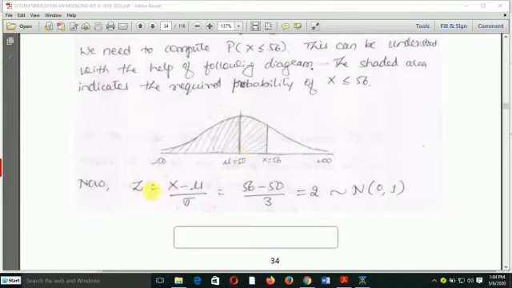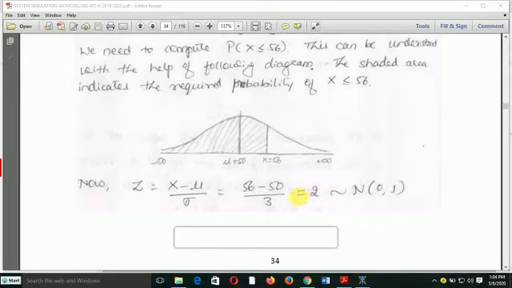We have z by the formula: z equals x minus mean, divided by the standard deviation. So z will be equal to what? x is 56, minus the mean which is 50, divided by the standard deviation, which is 3. We get 2.